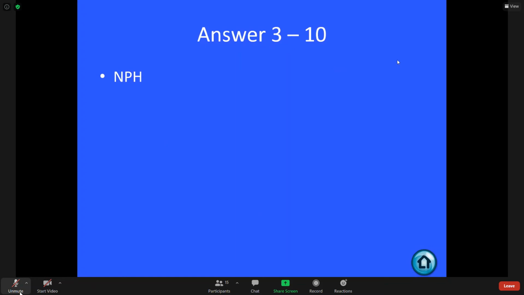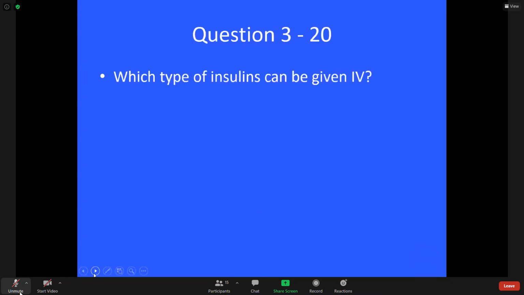Long lasting. Yeah, so your medication such as Lantus. What medication can be given IV? Raven, how about you? What medication can be given IV? Regular. Thank you.